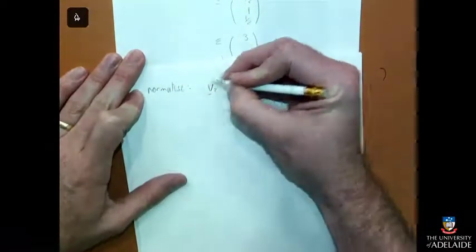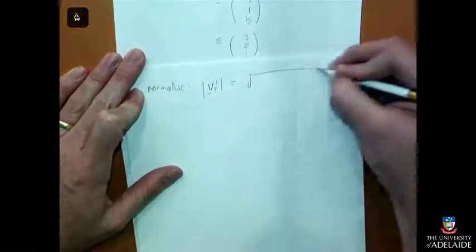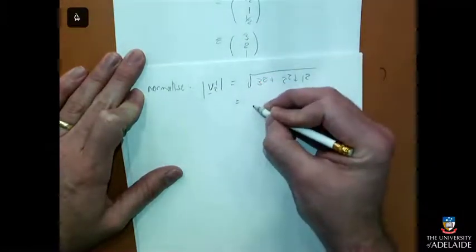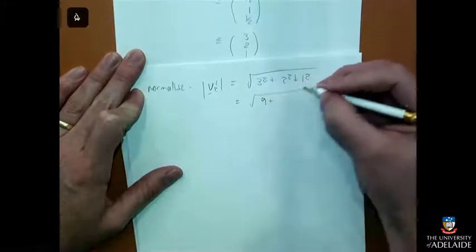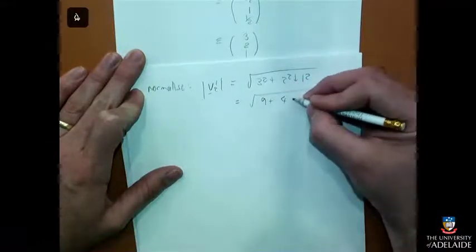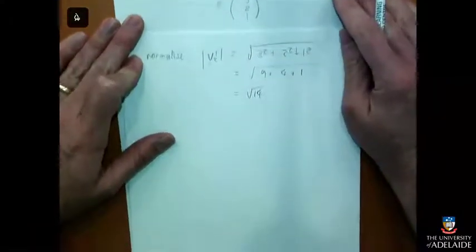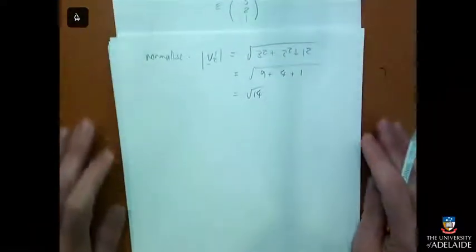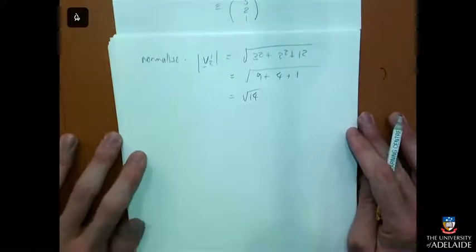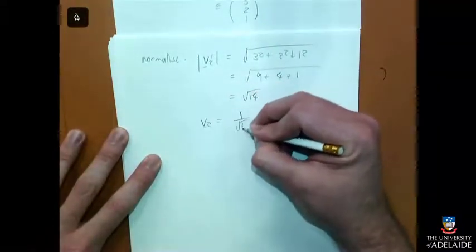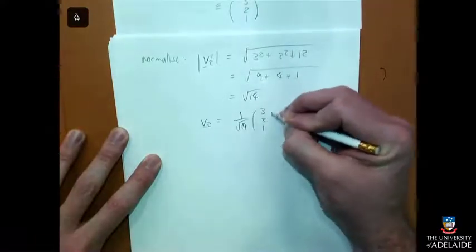So for my real V2, I'm going to need the length of V2 dashed. 3 squared plus 2 squared plus 1 squared, which is, and of course it's root 14. Let's just make it really fun. So V2 is 1 on root 14 times 3, 2, 1.